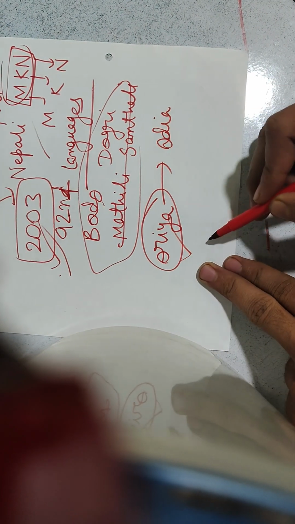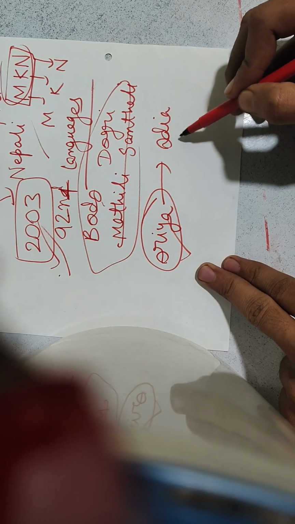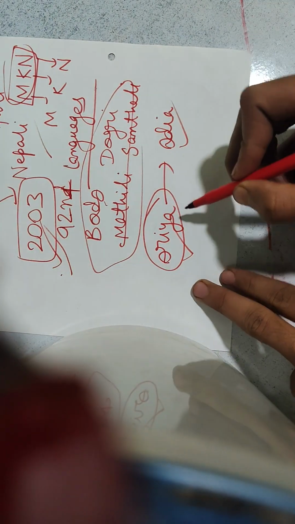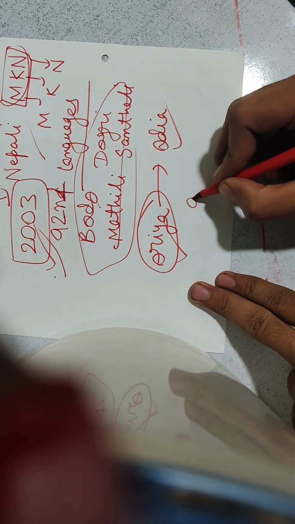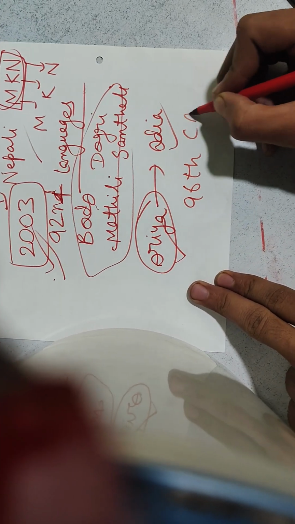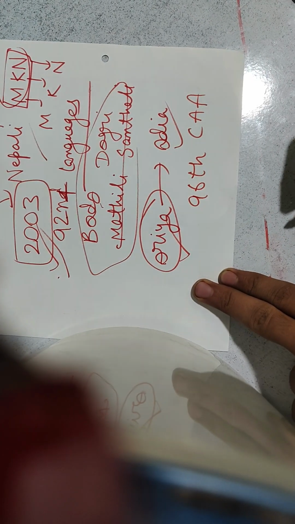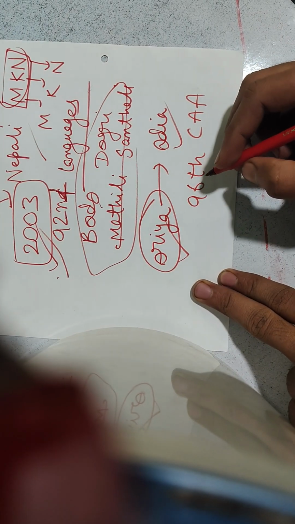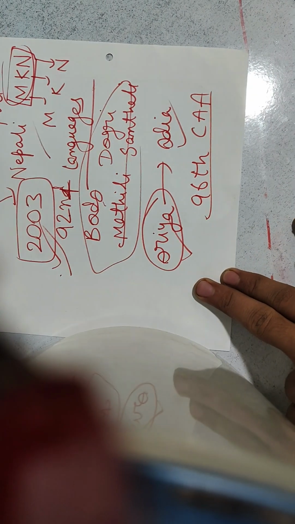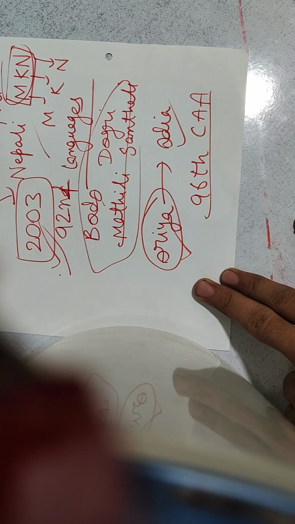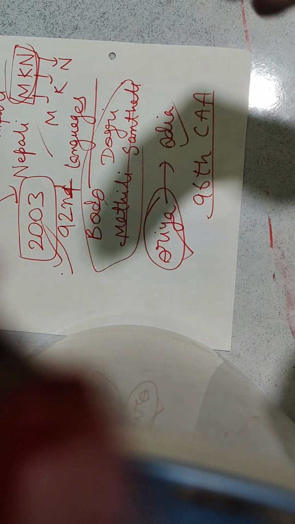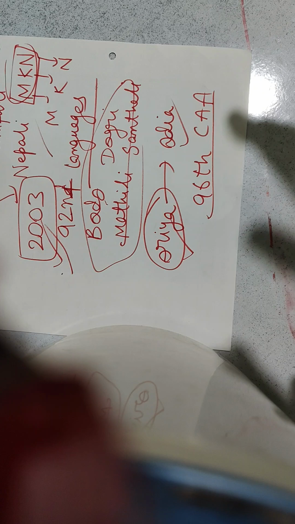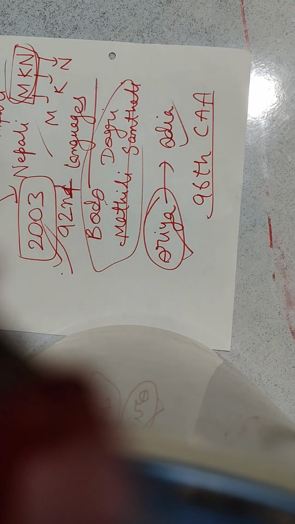Earlier we used to say Oriya, now we say Odia. So this was the 96th constitutional amendment. The year is not important. I'm teaching you what is important.